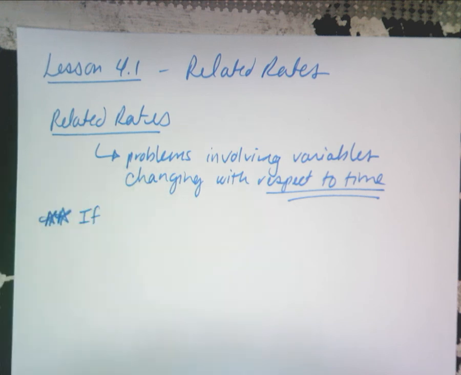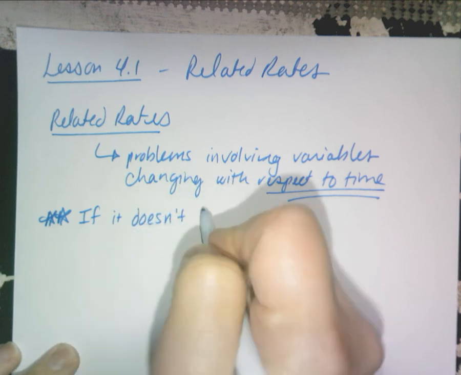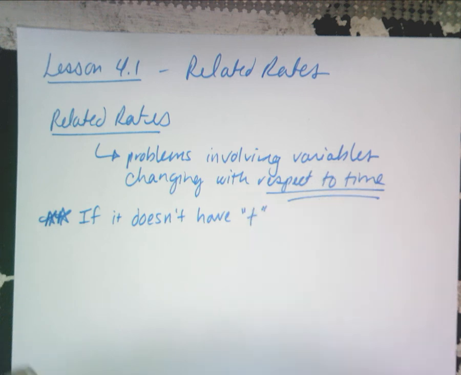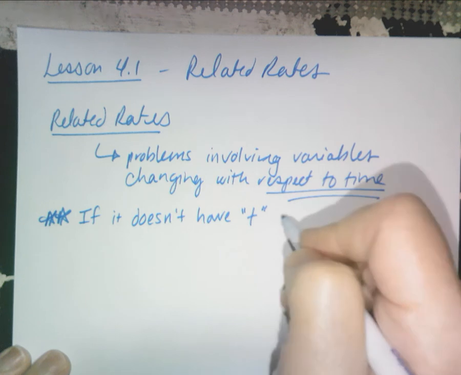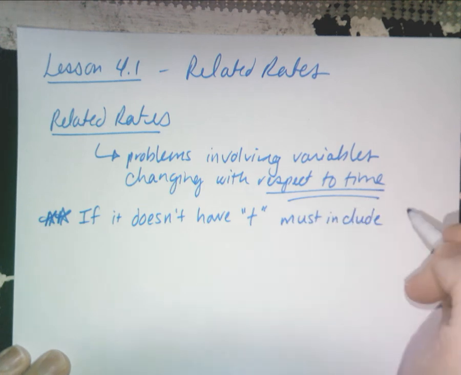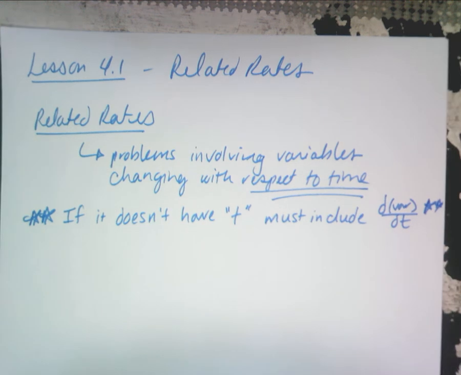Here's the big clue. If it doesn't have the variable t, then you must include d, whatever the variable is, dt, meaning we're going to do an implicit differentiation.